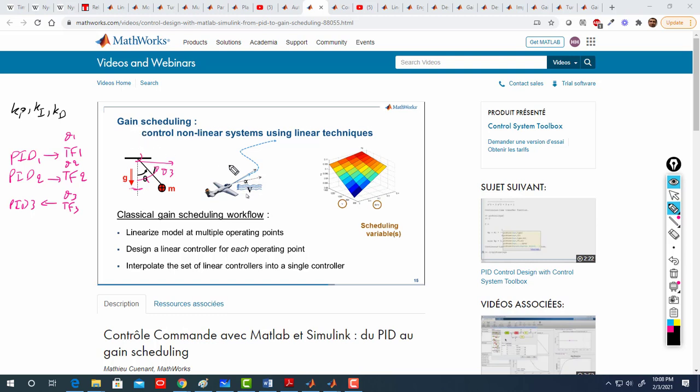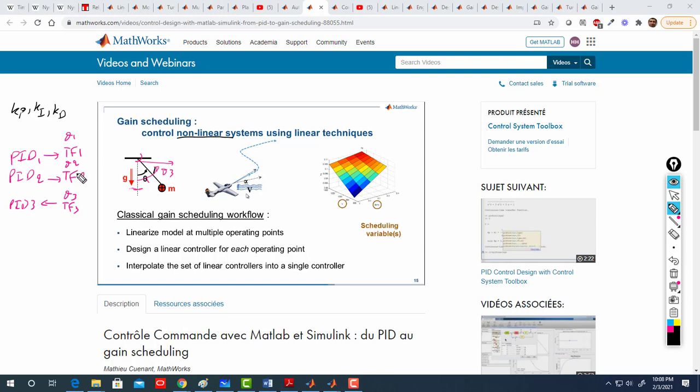Gain scheduling is to control a non-linear system like this pendulum using linear techniques, using a transfer function, which is a linear technique, by testing theta. If theta equals my theta 1, then use the gains corresponding to PID 1.